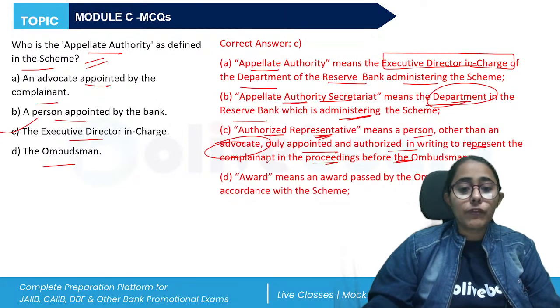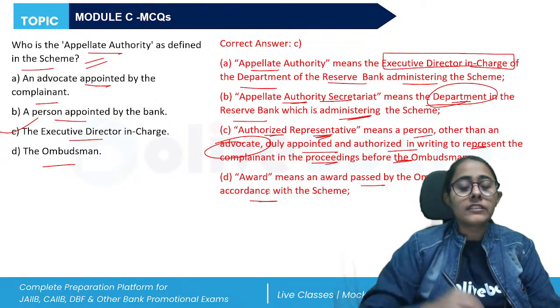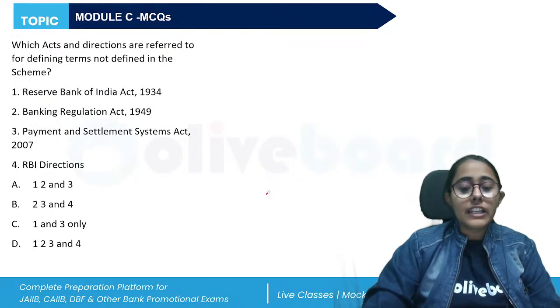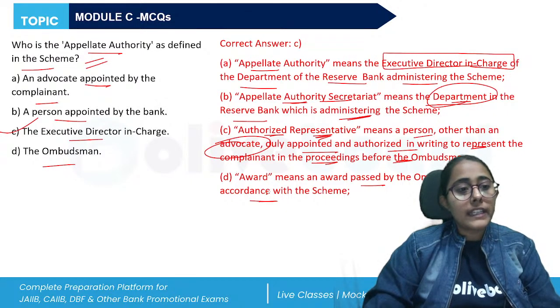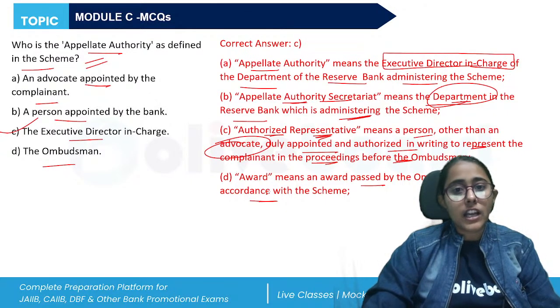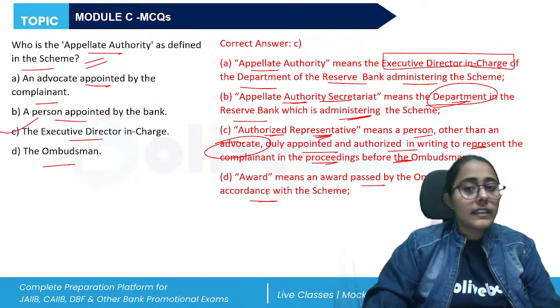And then we have the award, which means the award that is passed by the ombudsman in accordance with the scheme. So various definitions are given under the scheme of the various terms. So the appellate authority here means the executive director in charge of the Department of Reserve Bank that is administering the scheme.